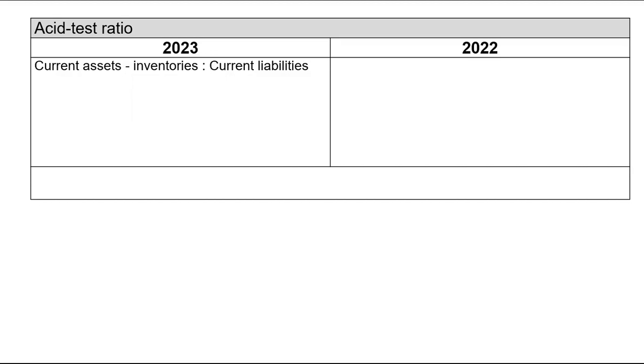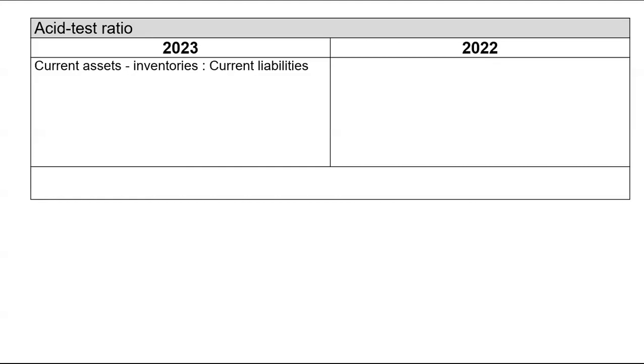This ratio simply tells you where you stand if you will not have your trading stock. Would you be able to settle your current liabilities? And that's what a lot of businesses struggled with. Because of relying too much on their inventory or trading stock, they were forced out of business because current lenders wanted their money, and most businesses didn't have money.